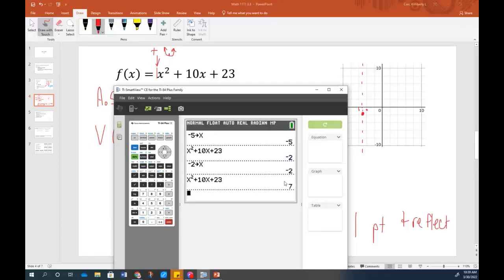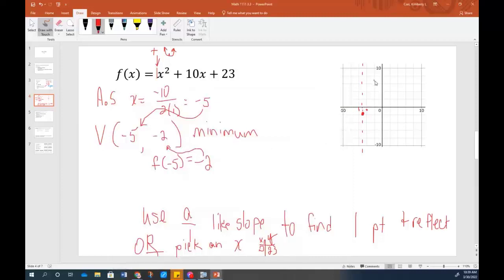So if I plug in a -2, it equals 7, and that will fit on my graph. So at -2, then I can go 2, 4, 6, 7 right here. And you can see that that does fit the curve. So I'll just kind of add that. I picked -2 and I got 7 and I put that on there.